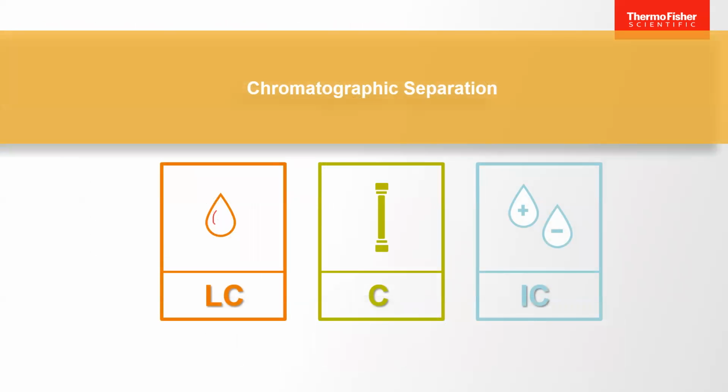So with that, we have three different types of chromatographic separation that are usually pretty common in the metabolomics world. You have LC, then you have just regular chromatography, and then you have your IC chromatography.